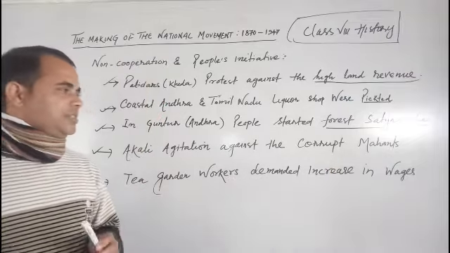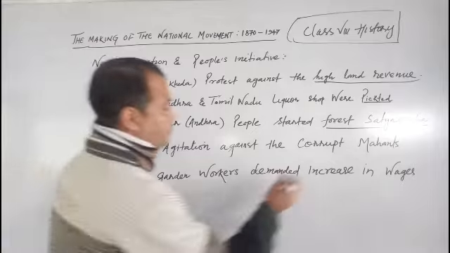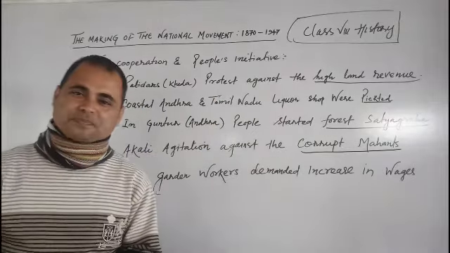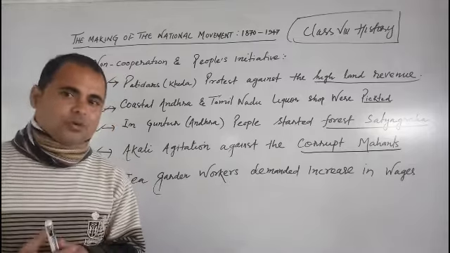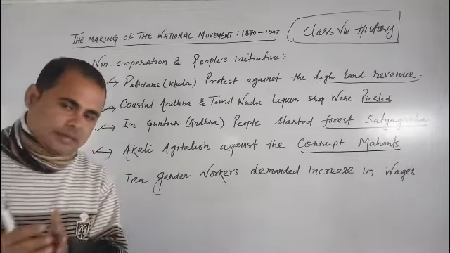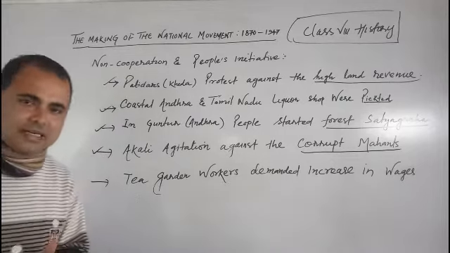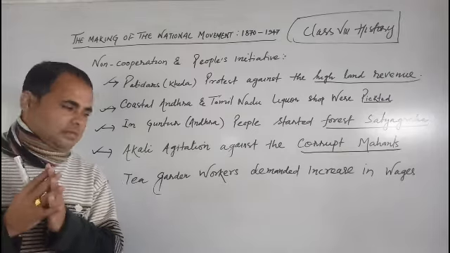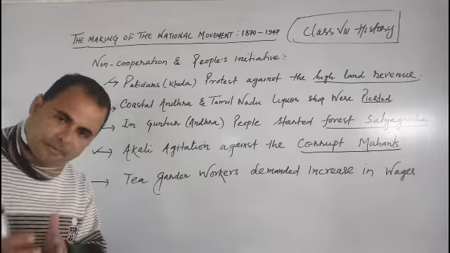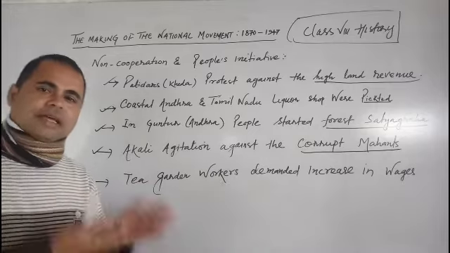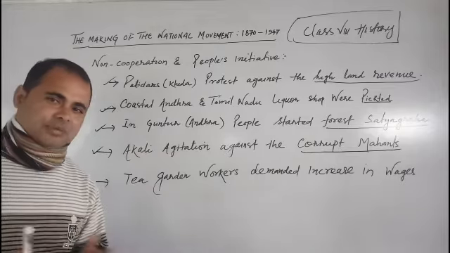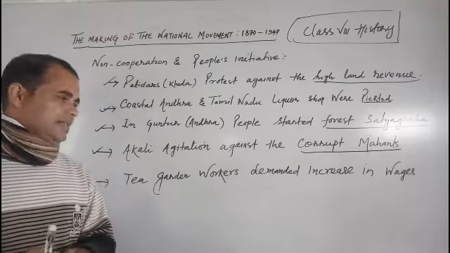Now in the Akali agitation, the corrupt Mahants were removed from their posts. Those Mahants who were suspected of being directly or indirectly connected with the Britishers, and because of whom the Britishers were benefiting, some such Mahants were removed from their posts through the Akali agitations.